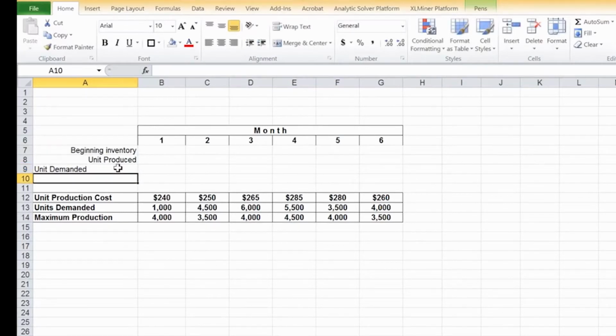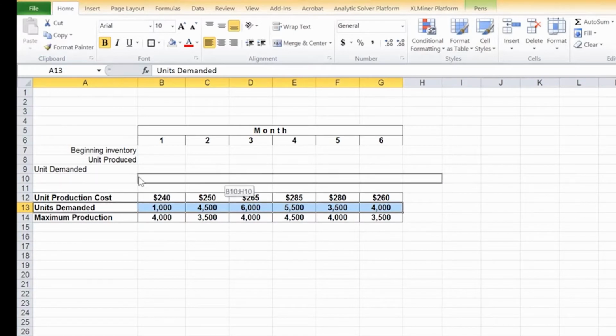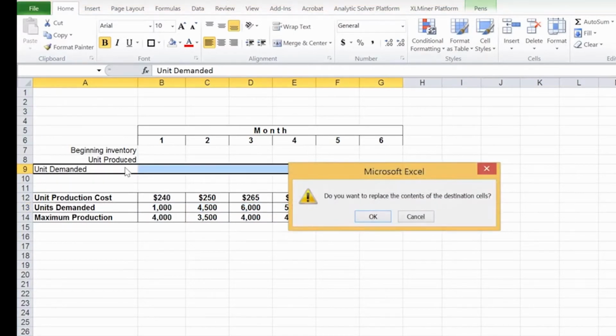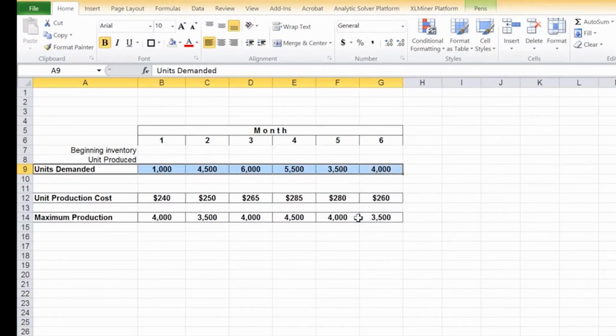Okay, which is given here. So let's just move this entire row here. That equals to be the ending inventory.